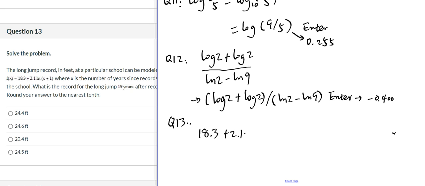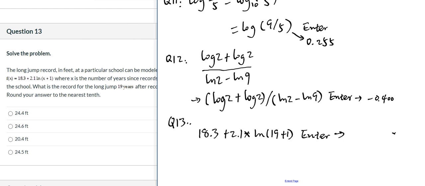Between 2.1 and the natural log is multiplication. Then you have a natural log of 19 years later. You plug in 19 and then plus 1. Then if you hit enter, you should then have the answer.